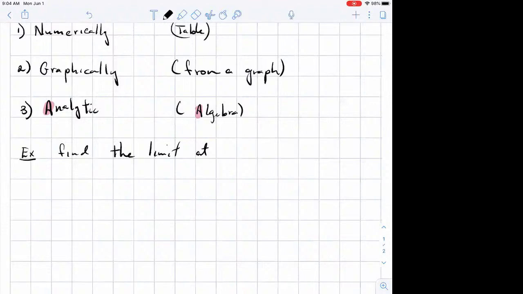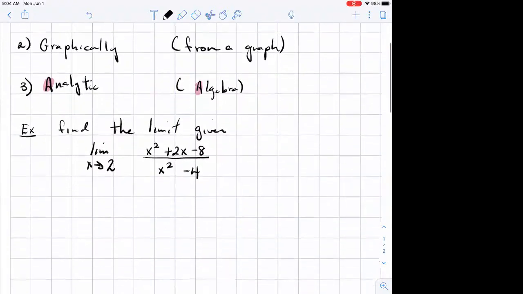Given the limit as x approaches 2 of the function x squared plus 2x minus 8 divided by x squared minus 4.